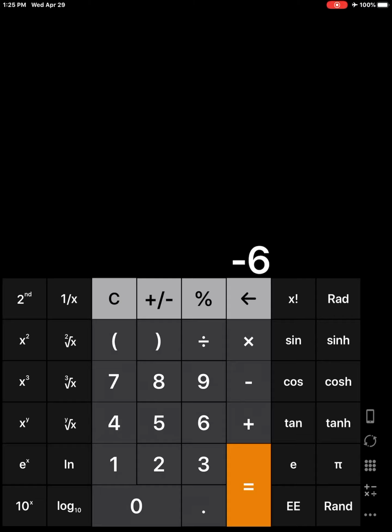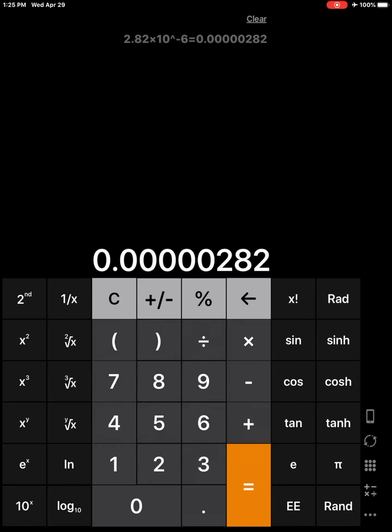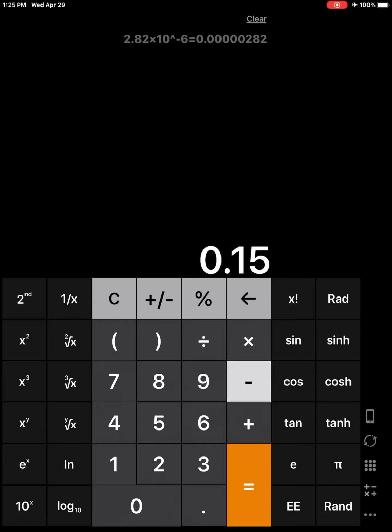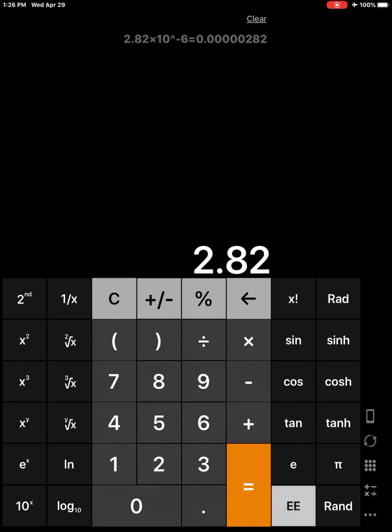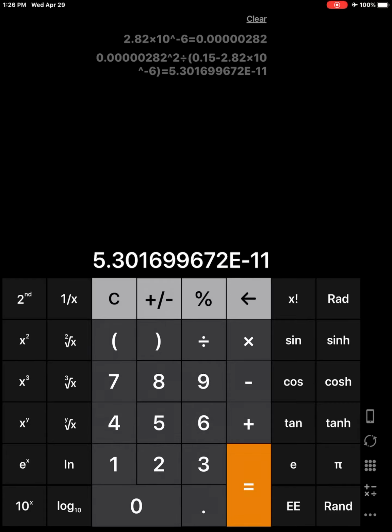Oops, let's try that again, I made a mistake. 2.82 times 10 to the minus 6 squared, divided by parentheses 0.15 minus 2.82 times 10 to the minus 6. Okay, did I get that right? We squared it and then divided it by 0.15 minus 2.82 times 10 to the minus 6. And we get 5.3 times 10 to the minus 11.